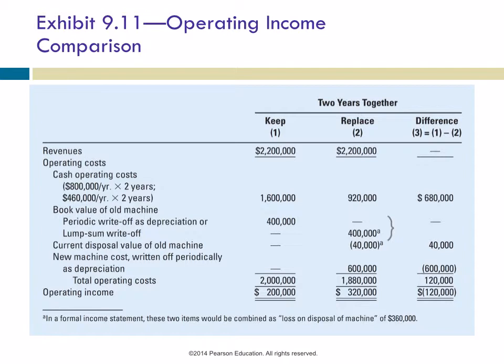And we see that $600,000 is the new machine cost, and it says written off periodically as depreciation. That doesn't go into our analysis.